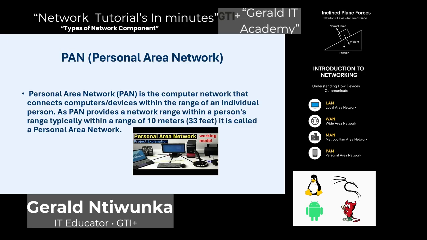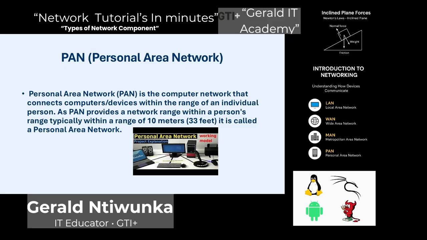Now, what is a personal area network? You can see the diagram, the picture there. A personal area network is a computer network that connects computers and devices within the range of an individual person. Not too far.